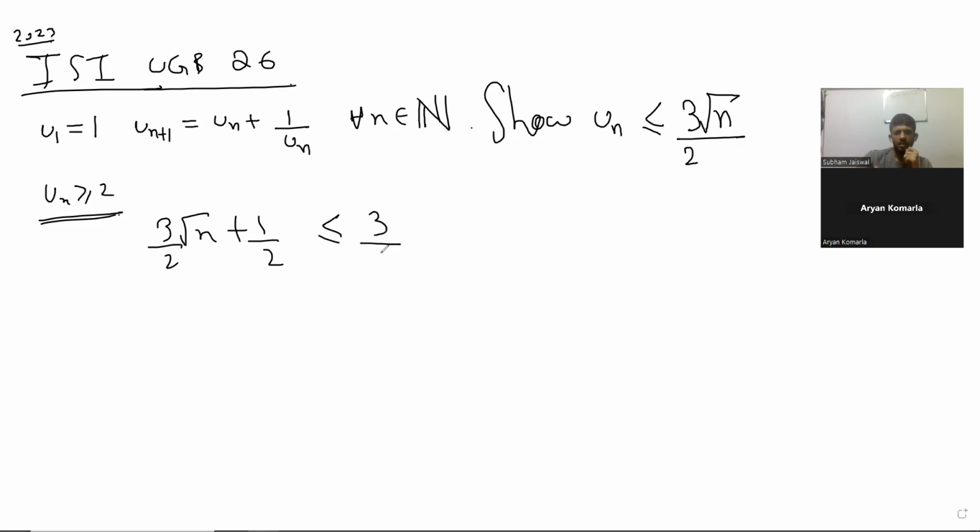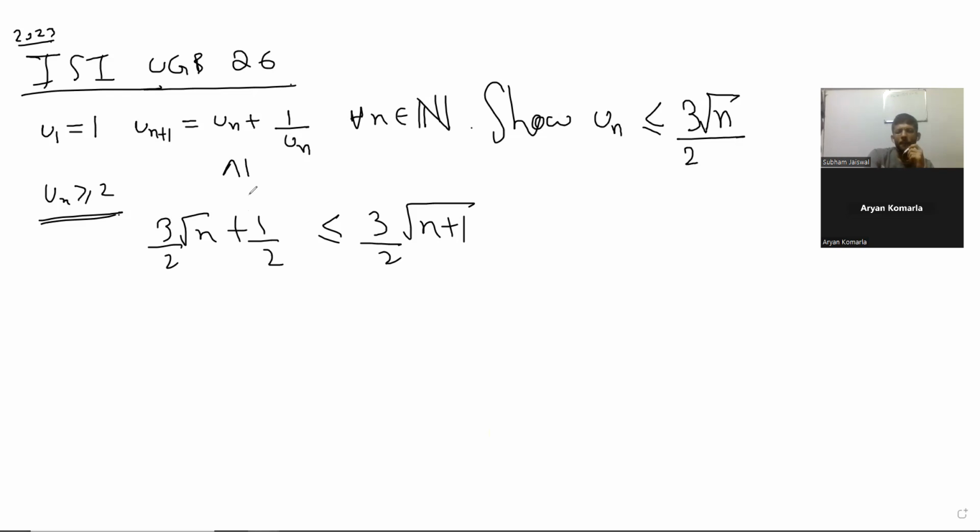Then I know that maybe a stricter inequality might be better, but if we can show this, we are done, right? Because this will be less than this by induction and by one.